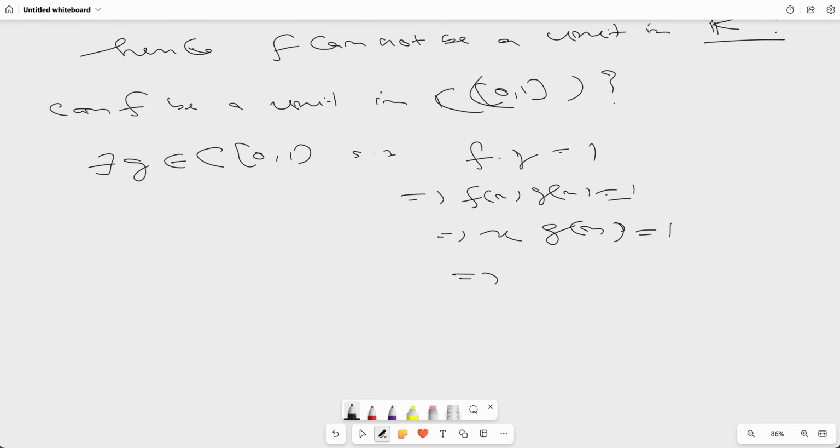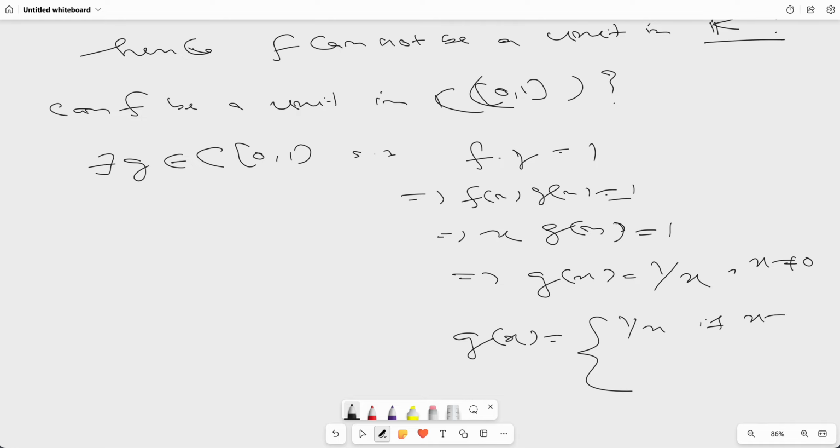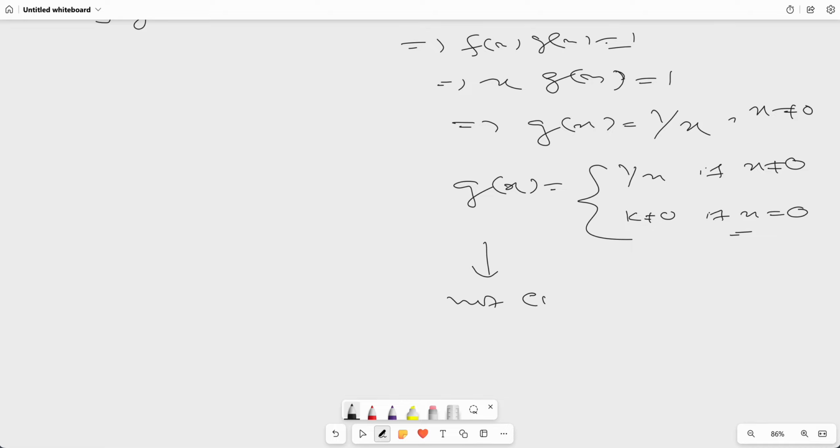So you have to choose g(x) to be 1/x, but this is defined only if x is non-zero. You define g(x) as the function 1/x if x is non-zero, and any non-zero value, suppose some k, if x is 0. But this is not continuous, so g is not continuous.